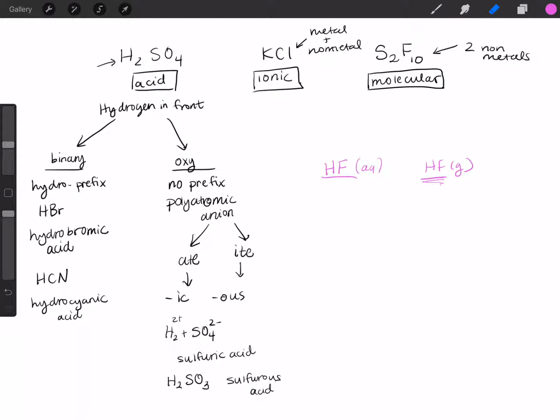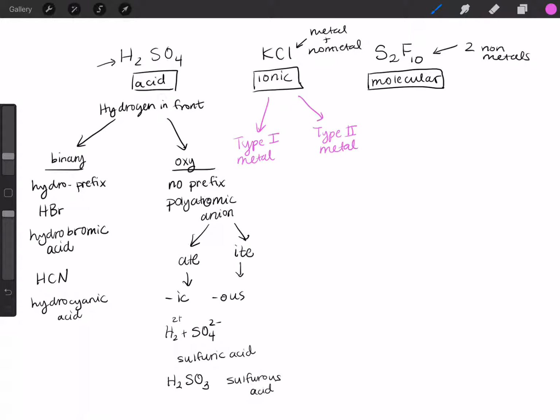Okay. Ionic compounds. I'll change the color. There are two kinds of ionic compounds. You might not realize this, but there are actually two ways to name these. The first way is when you have a type 1 metal. The second way is when you have a type 2 metal.